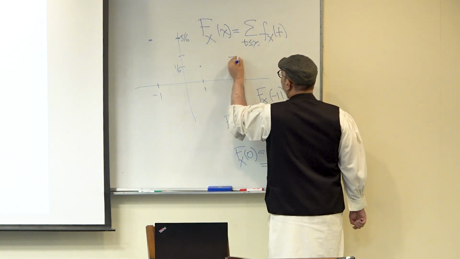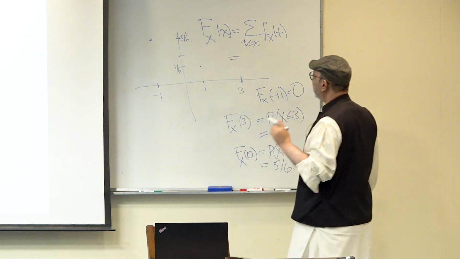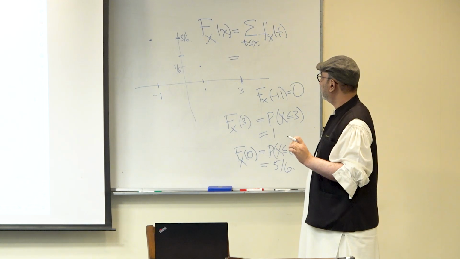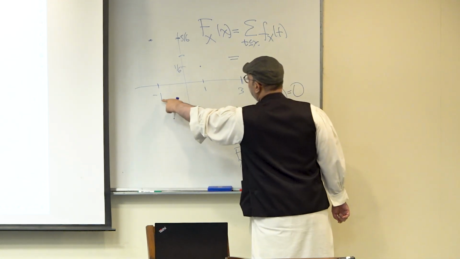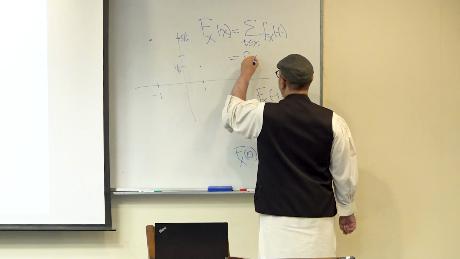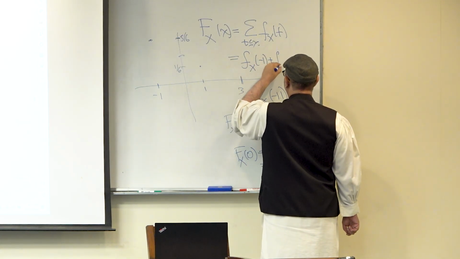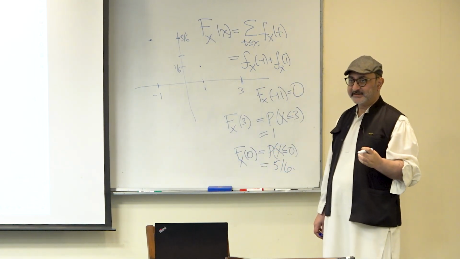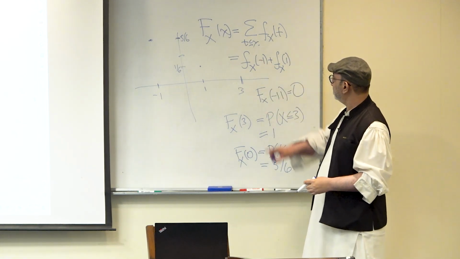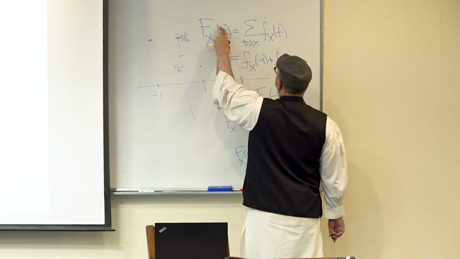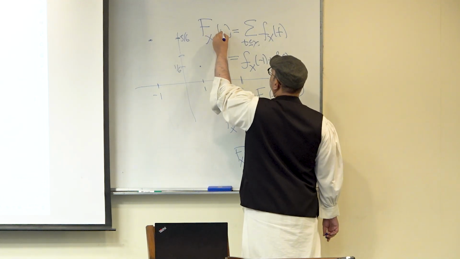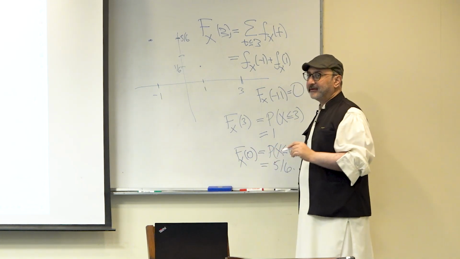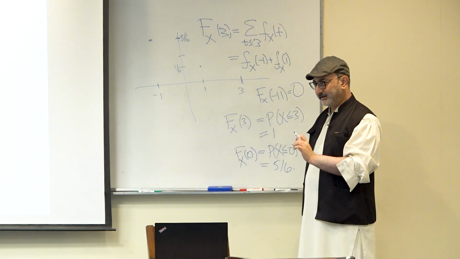So that's equal to, in our case, what are the two values? Right, f sub x of minus 1 plus f sub x of 1. Those are the two values that x takes, and they're both less than or equal to, let's say we're doing 3. So you sum over all the allowed values that x can take which are less than or equal to 3.